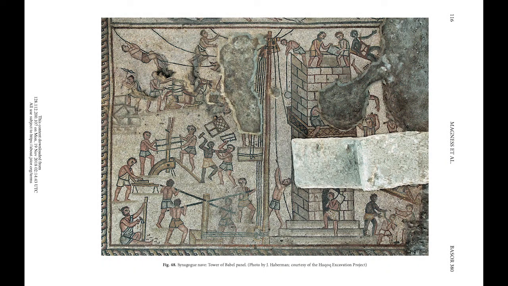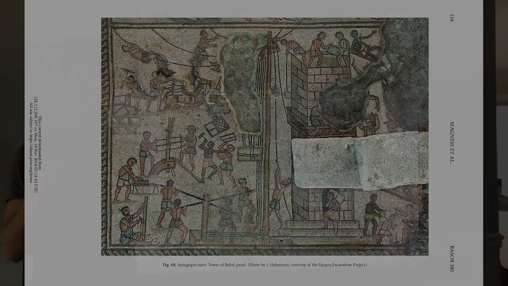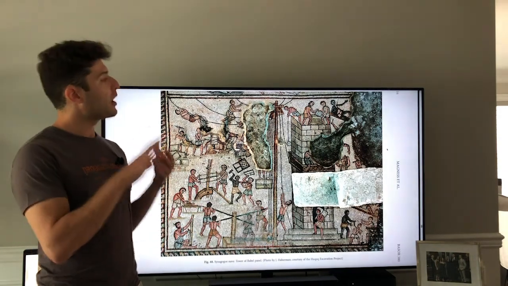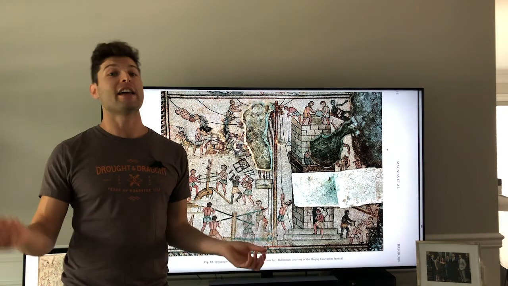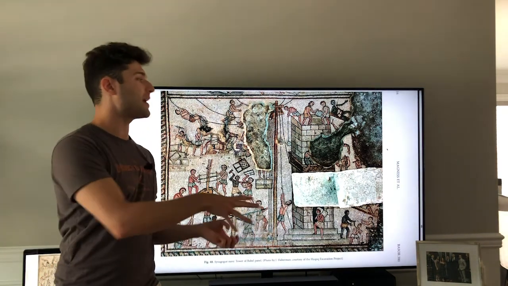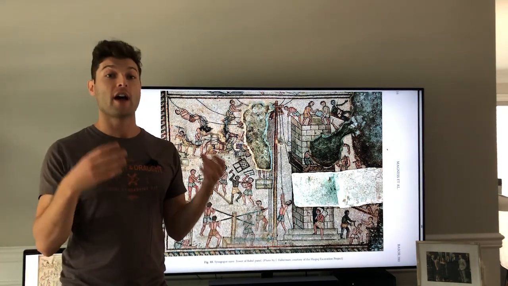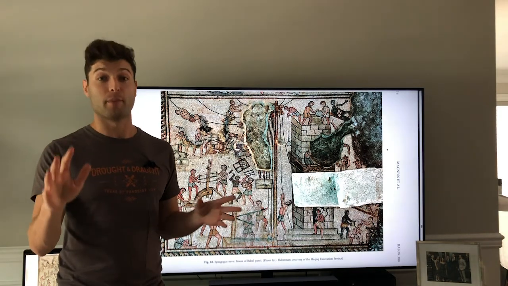So without explicit divine intervention, the critique of the building project becomes much more subtle. It's much harder to claim that what these people were doing here is bad if we don't actually see God coming in and interjecting in order to stop the project.